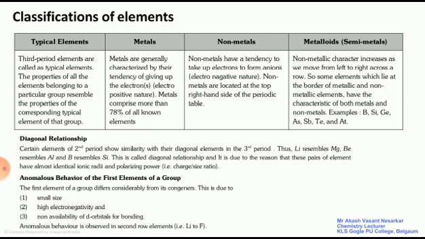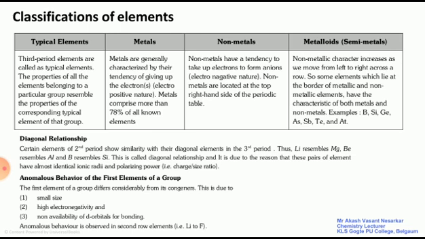Some elements which lie at the border of the metallic and non-metallic elements have the characteristics of both metals and non-metals. Examples: boron, silicon, germanium, arsenic, antimony, tellurium, and astatine. So these elements will act as a metal as well as a non-metal.